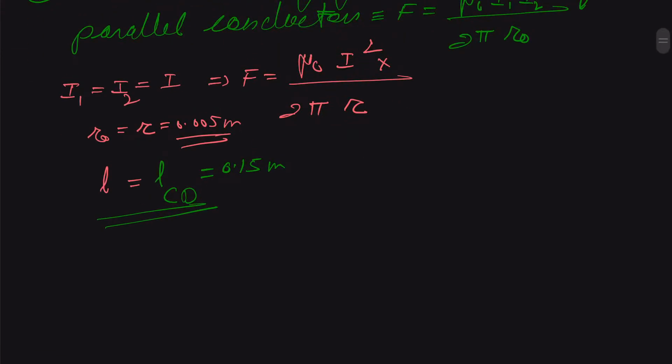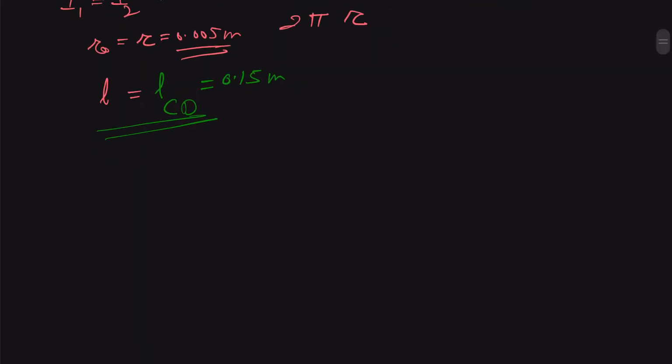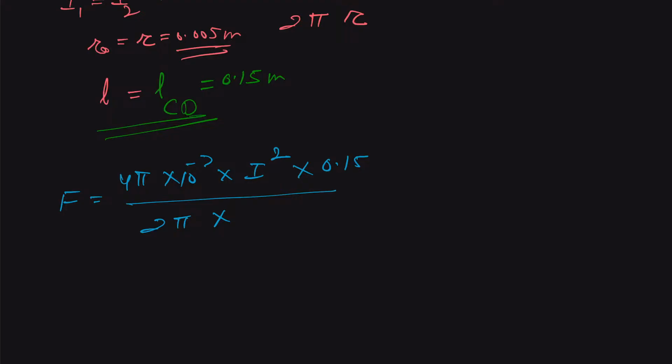So this is multiplied by the length of our portion CD, and therefore we can write that the value of force will be equal to, substituting the value of mu naught, which is 4 pi into 10 to the power minus 7, times I square, length 0.15, divided by 2 pi r, where r is 0.05.